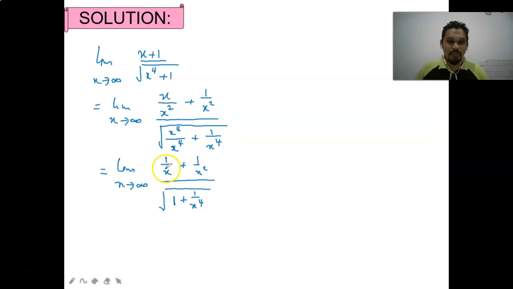Let's say positive here. This approaches 0, approaching 0, and approaching 0. So then it is 0 plus 0 divided by the square root of 1 plus 0, which is equal to 0. 0 divided by 1 equals 0.